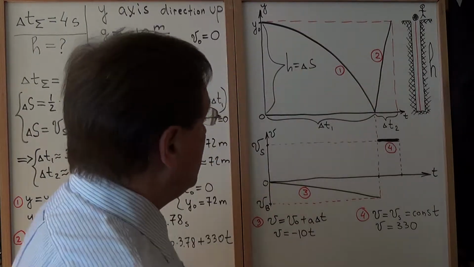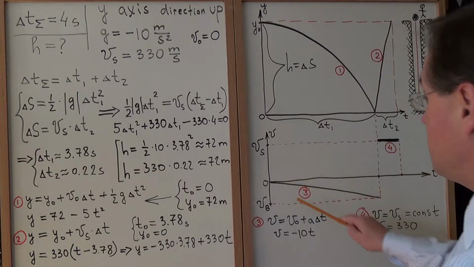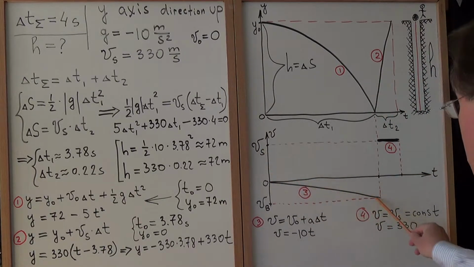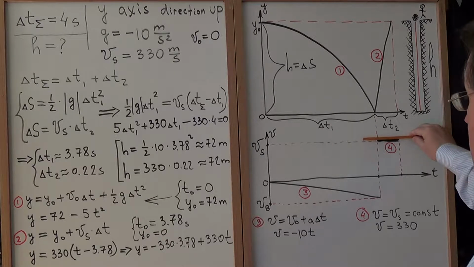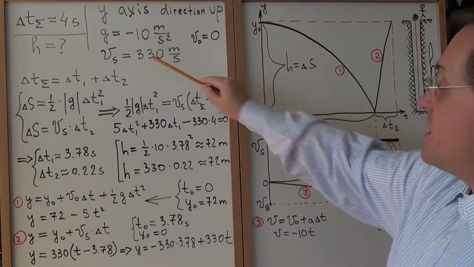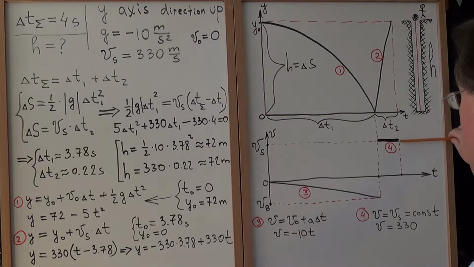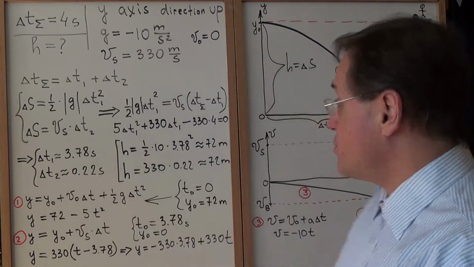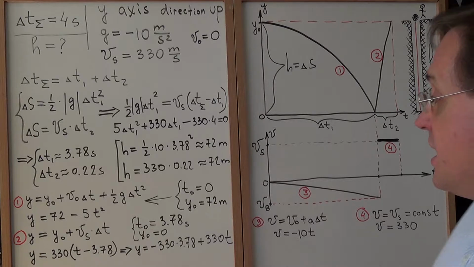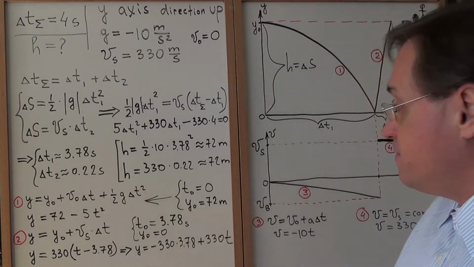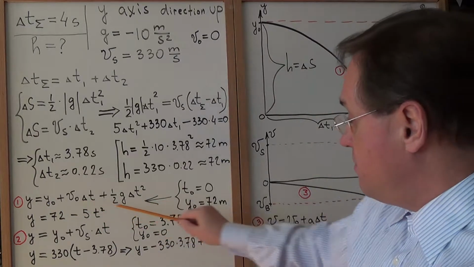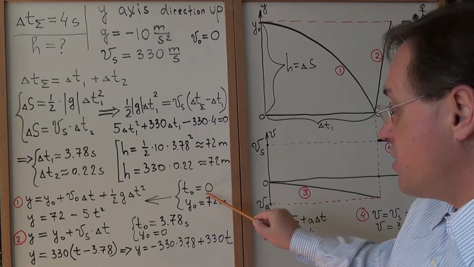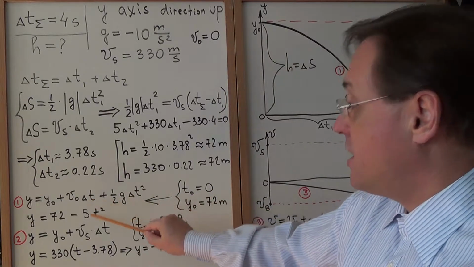a straight line, the sound coming up. For velocity it will be a linear function for falling down, and it will be constant coming up because the velocity of sound is constant. So for the first movement, the standard equation, t0 equals 0 here, so delta t becomes just t.